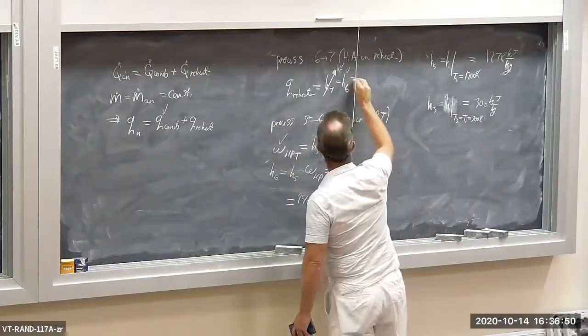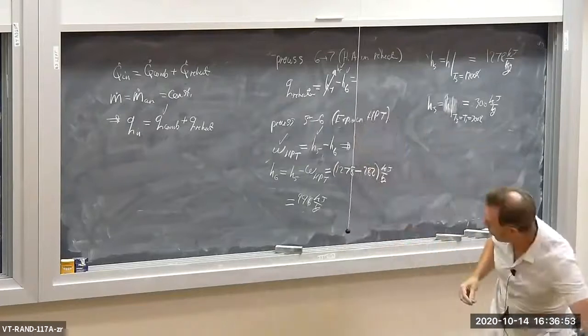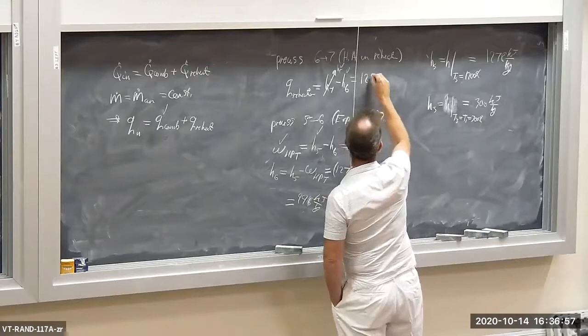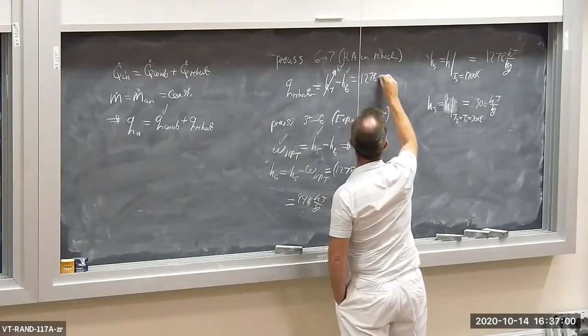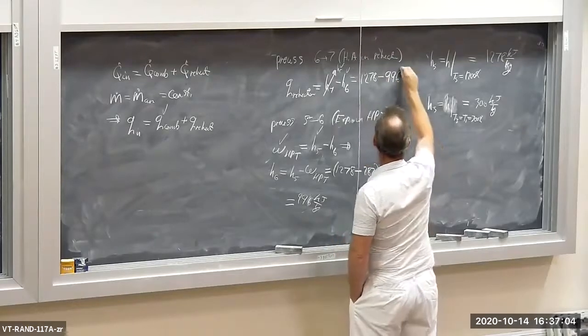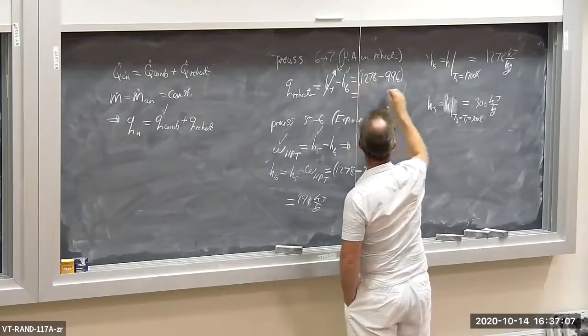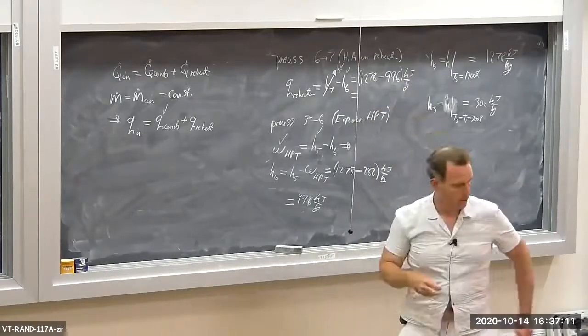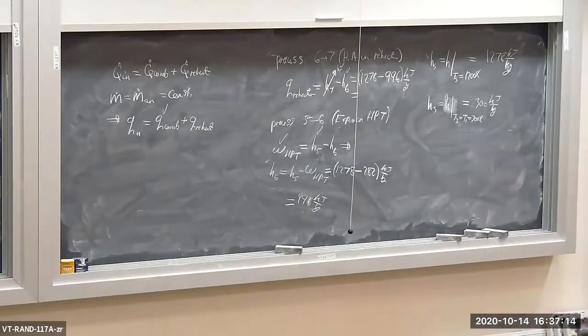Okay. So H7, which equals H5, is 1278, minus H6, 996 kilojoules per kilogram. You might guess this is going to be the WHPT. That's exactly what the heat addition is going to be.